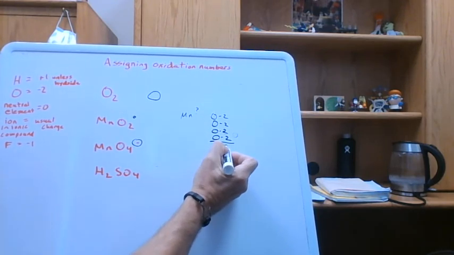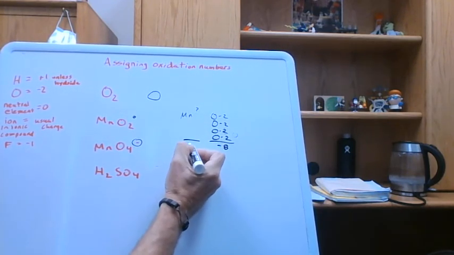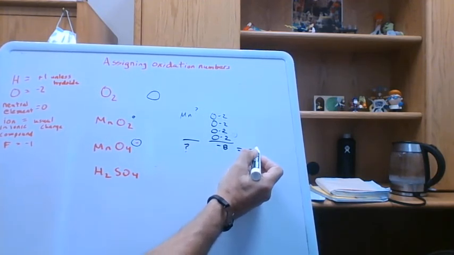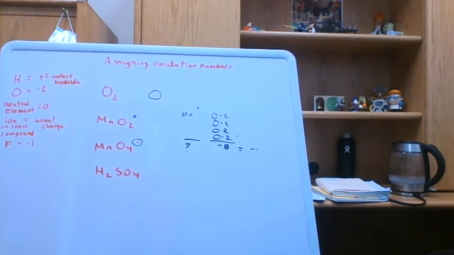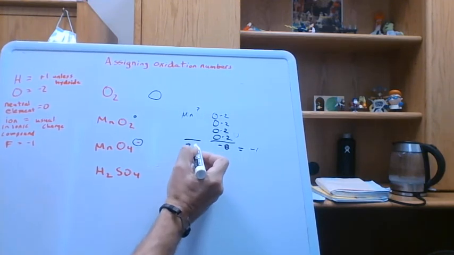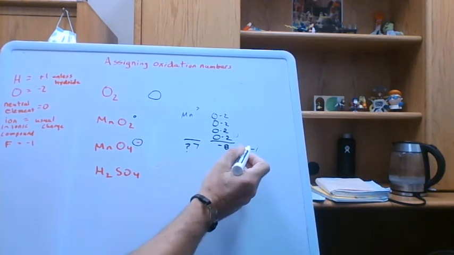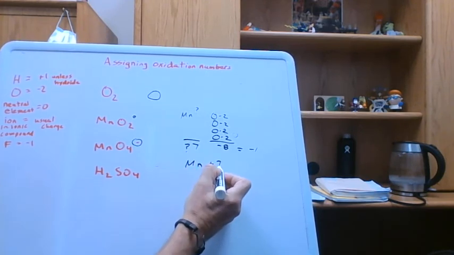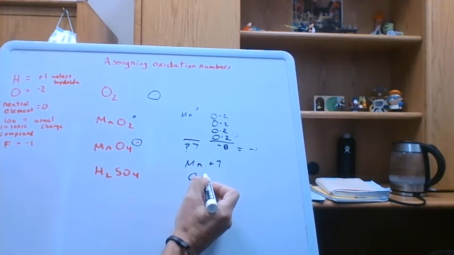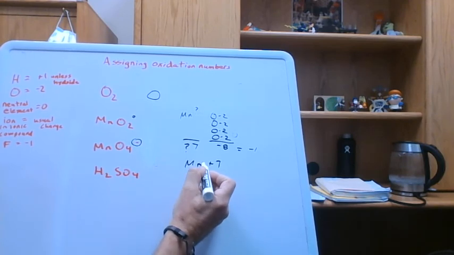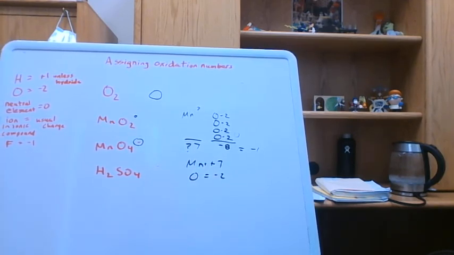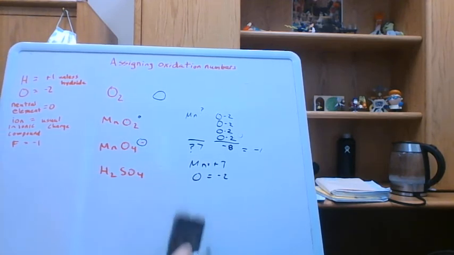So we have a -8 charge, and we have a question mark here, but we're going to sum to a -1 instead of a 0. So the only thing that we can put here is a 7, since 7 minus 8 equals -1. So our manganese has a +7, and our oxygen has a -2. So we have 4 -2s and 1 +7. That gives us a -1.